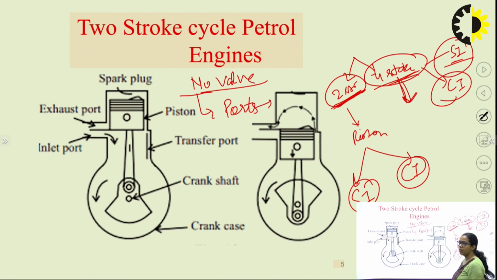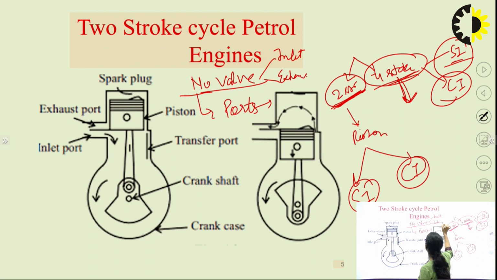Ports are generally nothing but the passages provided on the cylinder block. As you know, inlet valves and outlet valves, two types of valves, are used in four-stroke engines. But in a two-stroke engine, as ports are used, there are three types of ports: number one is the inlet port, second is the outlet port, and third is the transfer port.